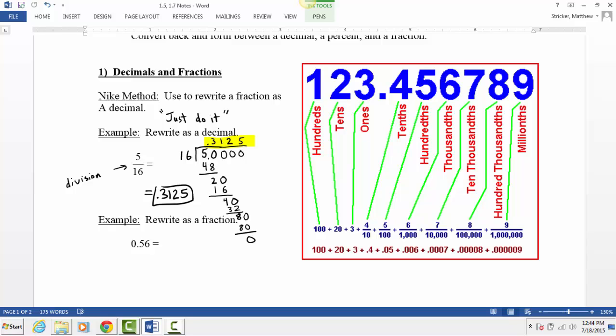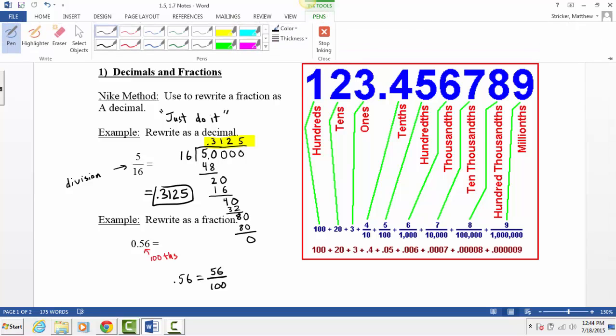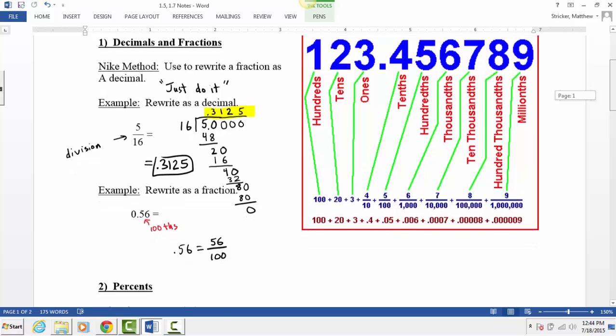rewriting a decimal as a fraction, we need to look at what place the last digit's in, and this 6 is in the hundredths place. Well, that's what we use to help us rewrite it as a fraction, because that means that this 0.56 is equal to 56 hundredths, which we then want to try to reduce like we have been doing with fractions.